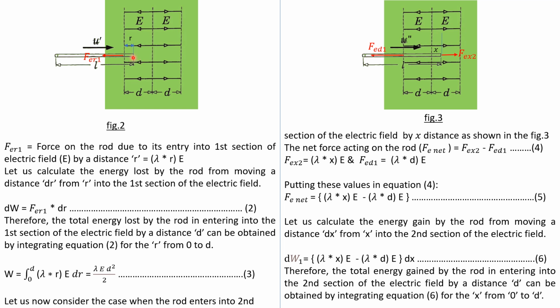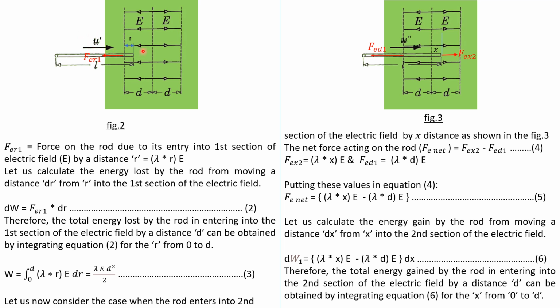So in moving from distance r to r plus dr, the work done by the E field will be in the negative direction of the direction of motion of the rod.